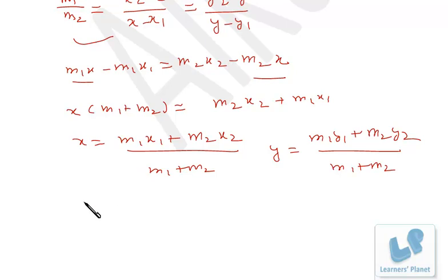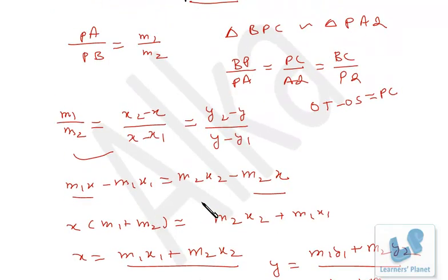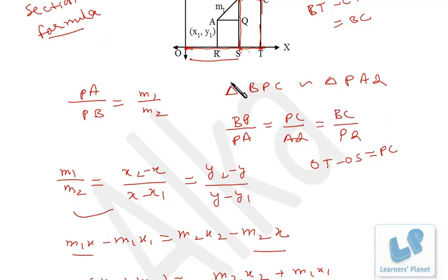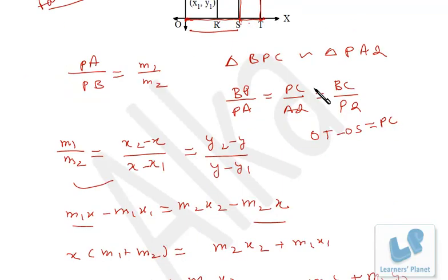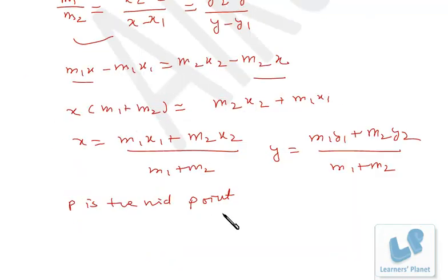Now what happens if suppose P is the midpoint? If P is the midpoint, then what will happen? M1 will be equal to M2, right? This value will be equal to this value, right? So M1 is equal to M2. Now what?